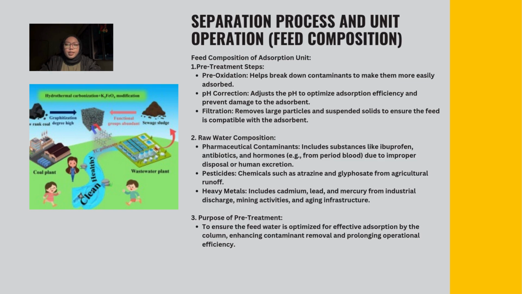The third point is heavy metals. It includes cadmium, lead, and mercury from industrial discharge, mining activities, and aging infrastructure. The last point is that the purpose of pre-treatment is to ensure the feed water is optimized for effective adsorption by the column, enhancing contaminant removal and prolonging operational efficiency.